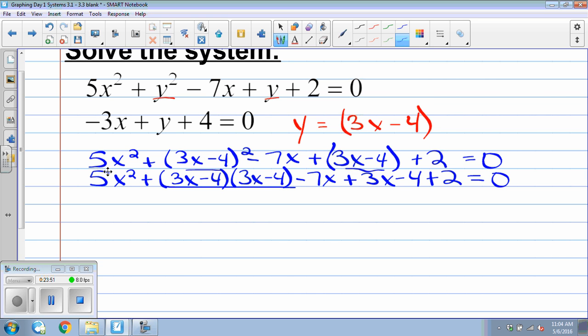You have to distribute that. Once you multiply this out, you should end up with 9x squared minus 24x plus 16, then minus 7x plus 3x minus 4 plus 2 equals 0.